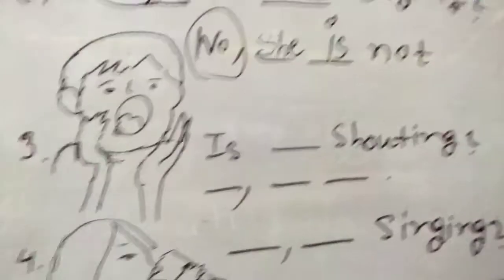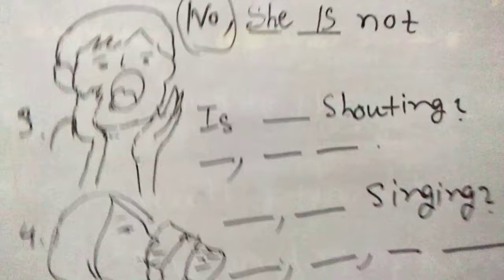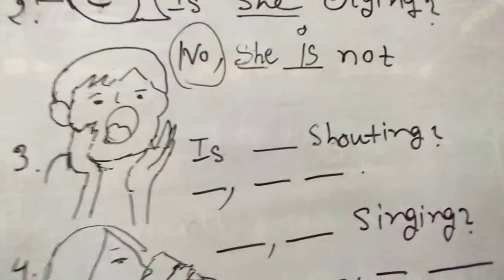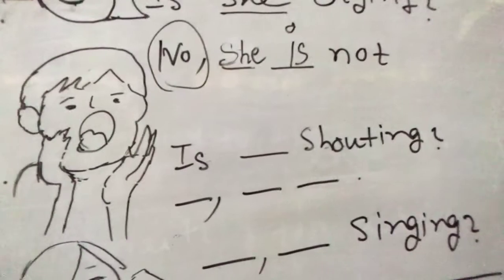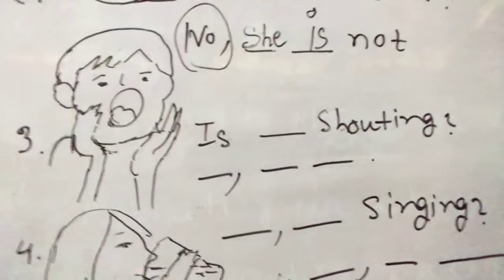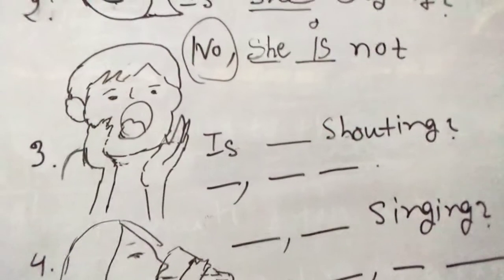Here's again a boy. From the hairstyle and from the gesture we can sense that it's a boy. What is he doing? I think he is screaming or shouting, as he is making a loud sound.